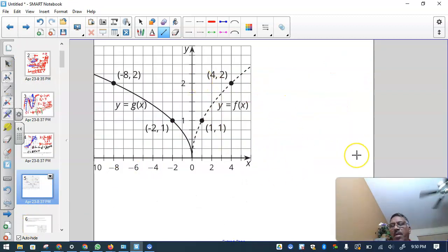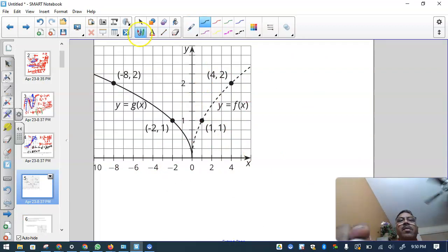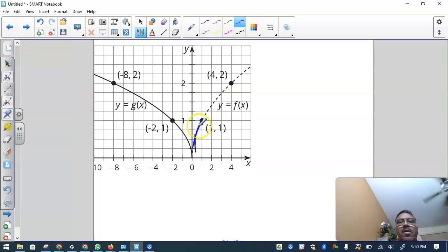Now in this example, I'm going to use f(x) as the old graph. So this is the old one. Okay, I'm going to use this point. The bottom part is better, and then what it does is, because this point is right here, if I reflect this point, it means it is this one. See.